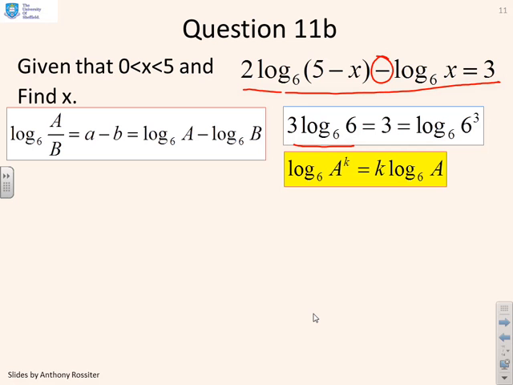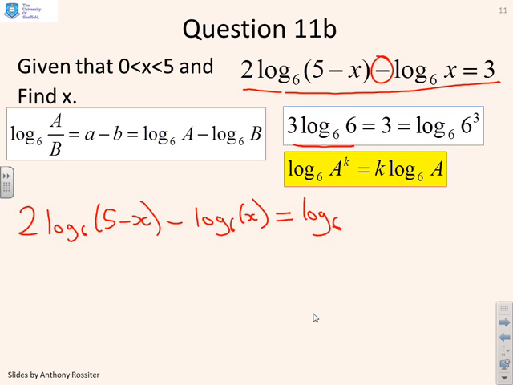What I'm going to do is first of all write 2 log 6 of 5 minus x minus log 6 of x is going to be equal to 3. Now because I've got 2 log 6 of 5 minus x, I can write log 6 of 5 minus x squared, and then I'm dividing by x because of the quotient rule, and that must be equal to 3.